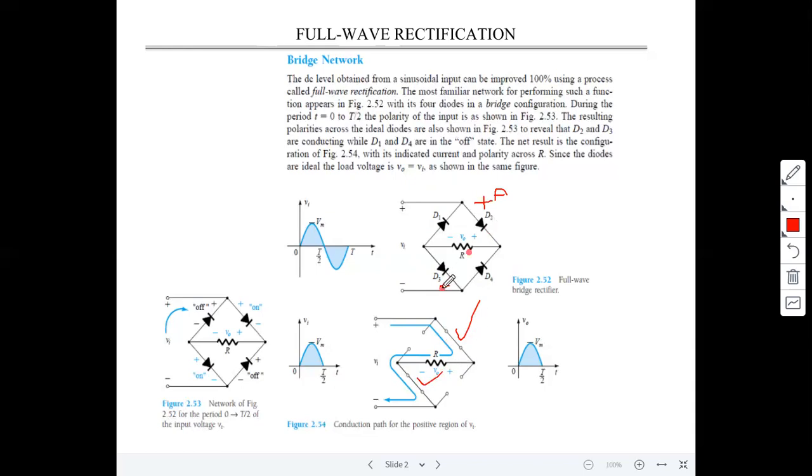Diodes D2 and D3 are forward biased, whereas diodes D1 and D4 are reverse biased. Now coming to the current flowing here, this is the path. Observe, this is the current flowing through the load resistor RL.